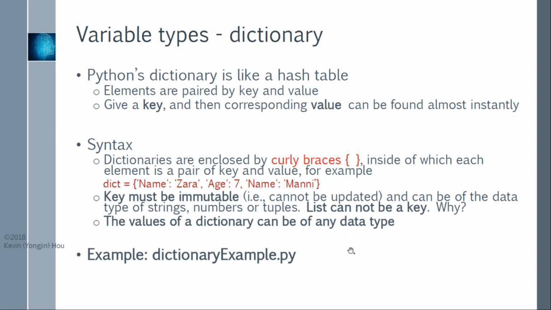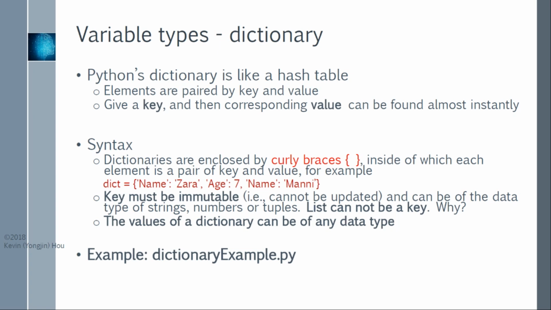So keys in a dictionary cannot be updated. It is called immutable. So the keys can be of data type strings, numbers, or tuples. List cannot be a key. Why is that? Well, remember, we just mentioned list can be modified.